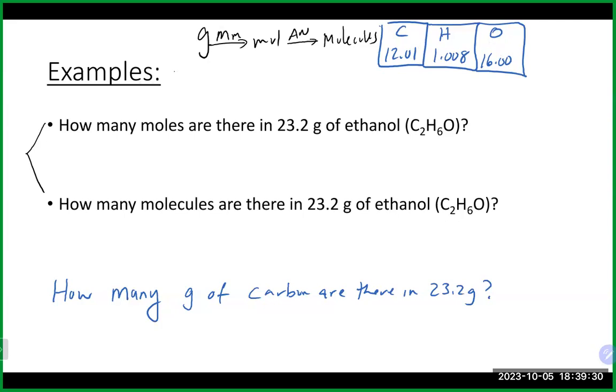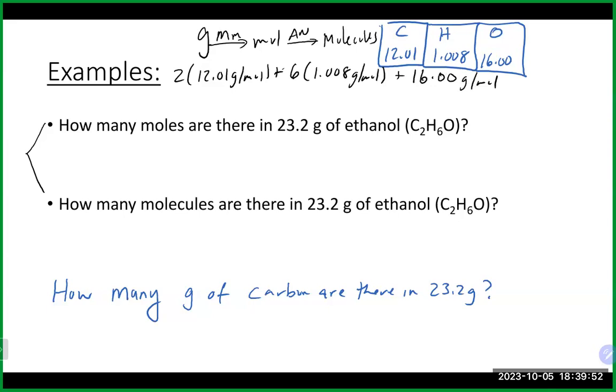So we got 2 carbons, each at 12.01. We got 6 hydrogens, each at 1.008 grams per mole. We also have, in this case, just 1 oxygen here at 16 grams per mole.